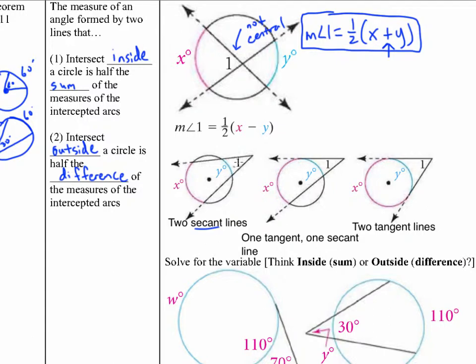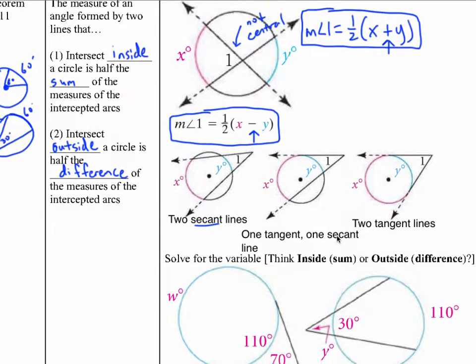So here and here, angle 1 is going to be half of the difference, x minus y. You could also have one tangent. So here's the tangent line, one secant line. Again, angle 1 equals half of the difference. Or you could just have two tangent lines. So x minus y. In any of these three cases, the angle is half of the difference.